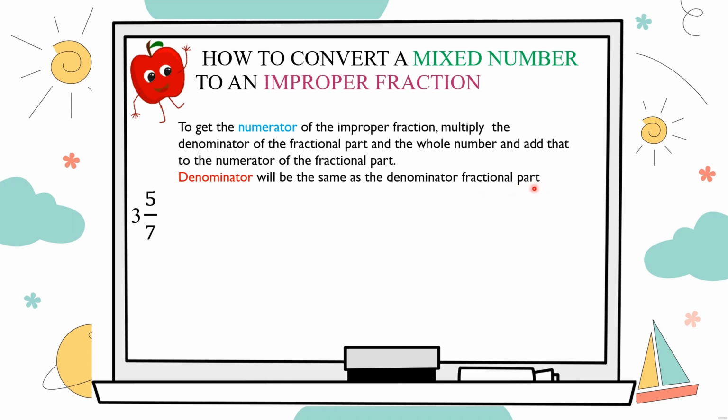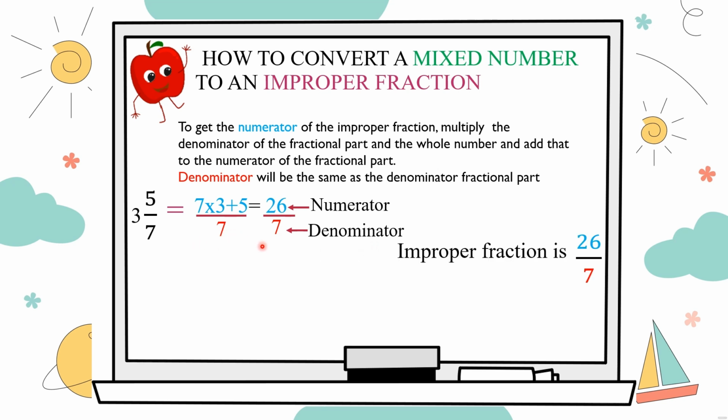So what you need to do is you will write the denominator first, 7 is the denominator, and then you find out what is the numerator. So here 7 times 3 plus 5, which will give you 26, that is the numerator. So the improper fraction is 26 by 7.